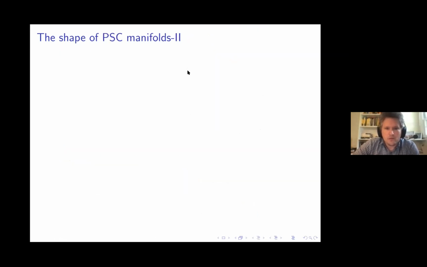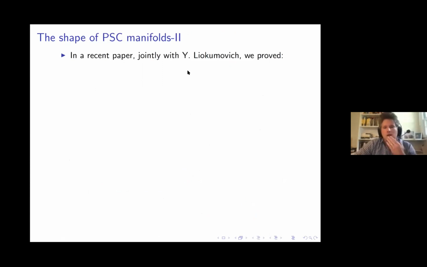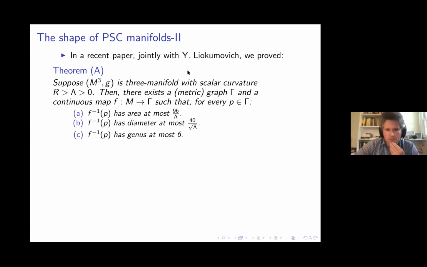So basically what we proved recently with Evgeny Lyukomovich from University of Toronto is that given a closed three-manifold with uniformly bounded scalar curvature, there exists a metric graph gamma and a continuous map from the manifold to that graph, such that for every point on the graph, the preimage has controlled area, controlled diameter, and also controlled genus.